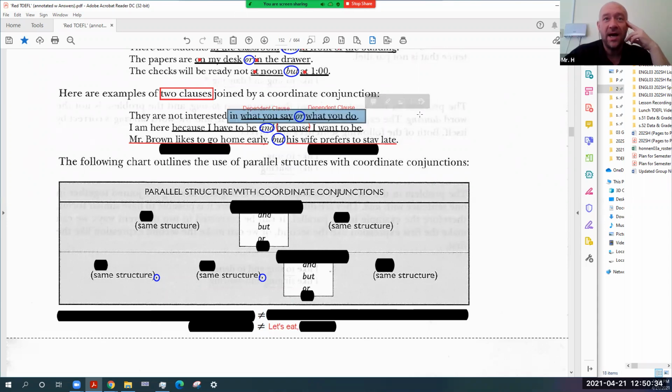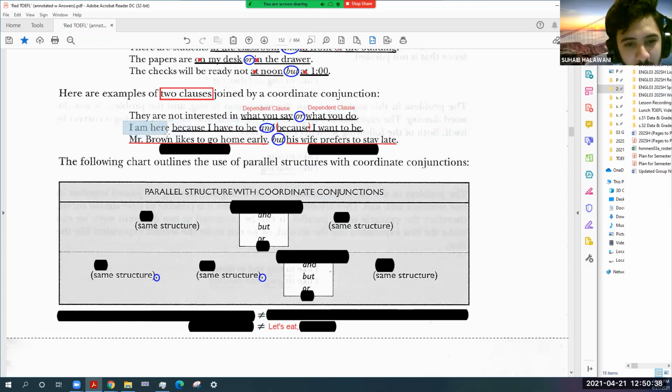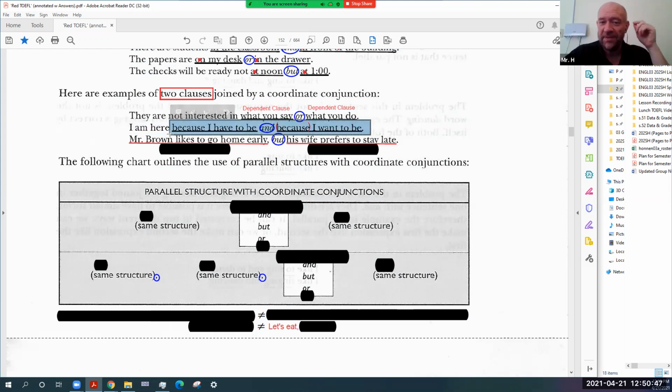Okay. All right. Suhaib, next. I am here because I have to be and because I want to be. Also dependent clauses. These are dependent, but they're not noun clauses. Does anybody know? Adverb. Yeah, it describes the reason why I am here, right?